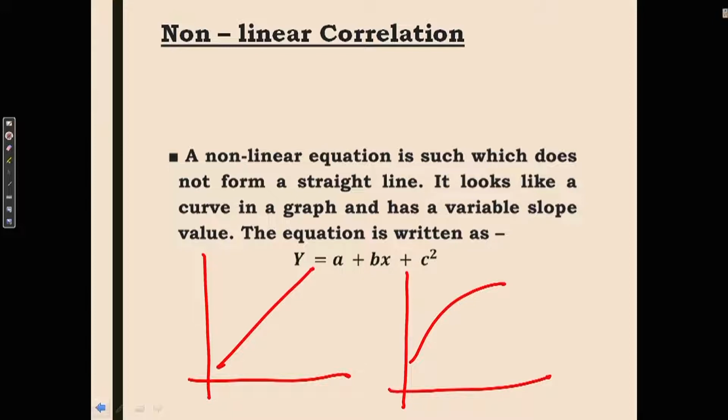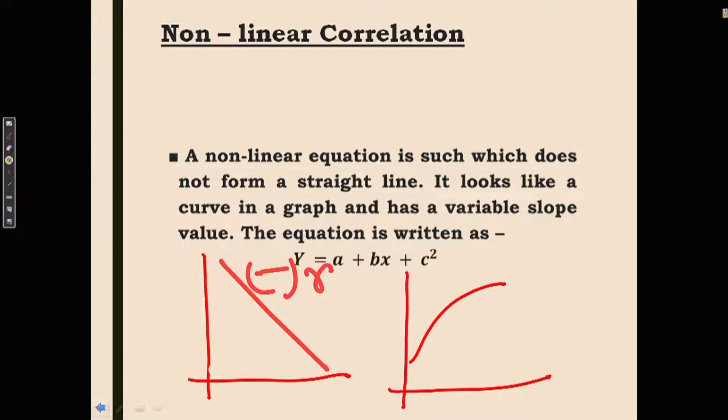But what happens in negative correlation? Under this, the line will be in the opposite direction. This is called negative correlation.